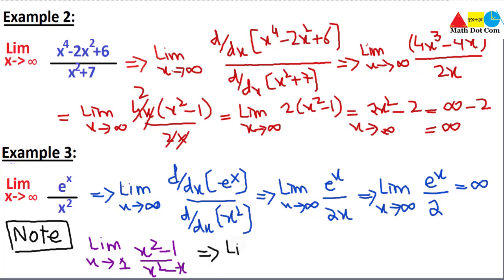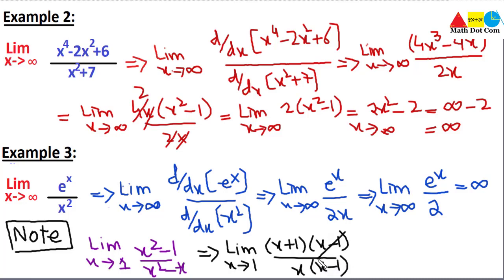Let's see. Limit x approaches to 1, and x square minus 1 can be written as x plus 1 times x minus 1, divided by x square minus x, which can also be written as, taking x as common, x times x minus 1.